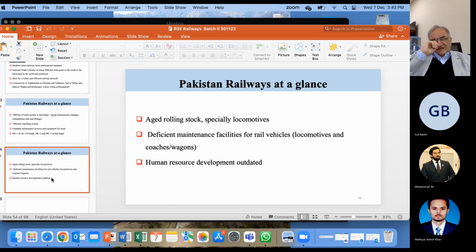When I was general manager railways, I just made a broad assessment. In today's terms, if the railway is given 2 billion rupees, which is frankly peanuts from what the railways is doing, 2 billion rupees for track maintenance, additional to what they are getting, and 2 billion rupees for rolling stock maintenance per year, then within 5 years they will be able to maintain the entire track and the entire rolling stock.